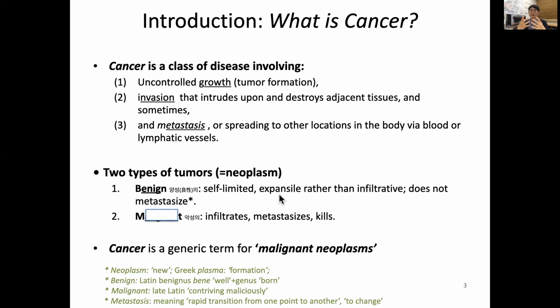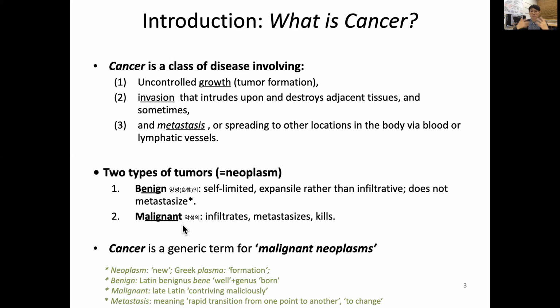On the other hand, the dangerous kind of tumor we call malignant. Of course, malignant is a bad word. These tumors infiltrate neighboring tissue or organs, and they metastasize, even shedding cells to another part of the body, and eventually kill the organism or human.